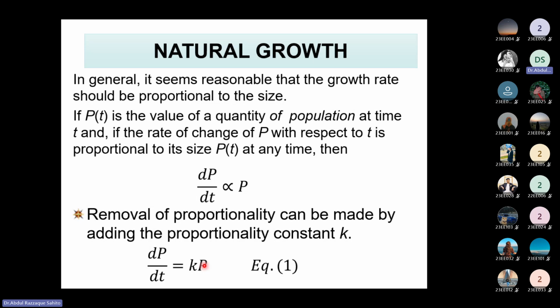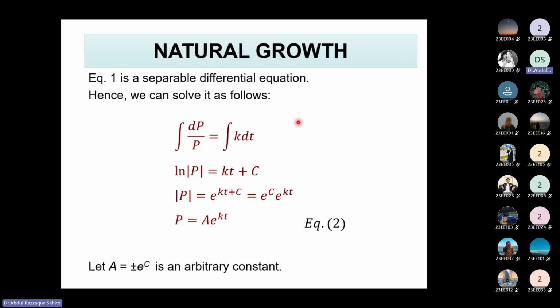If I shift the P towards the left hand side, it becomes 1 over P. And if I shift dt on the right hand side, we have k dt and 1 over P dP. Let's consider the integration of both sides. This method is called variable separable method. We have separated all the P terms on the left hand side and all the t terms on the right hand side, and we start integration.